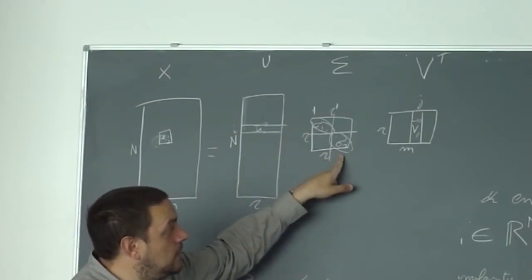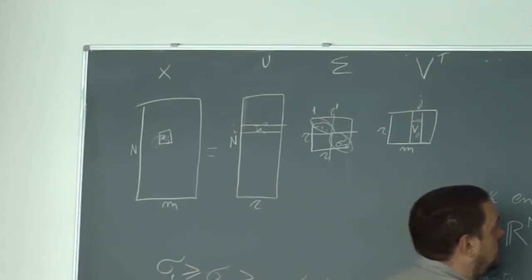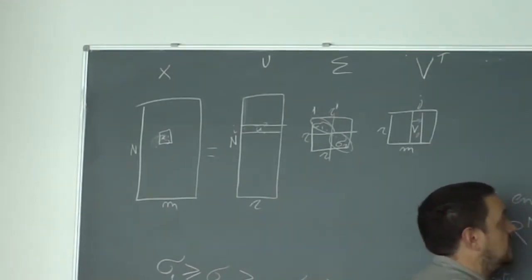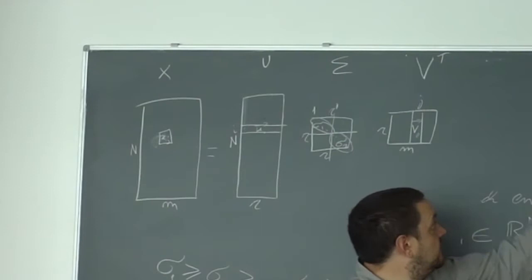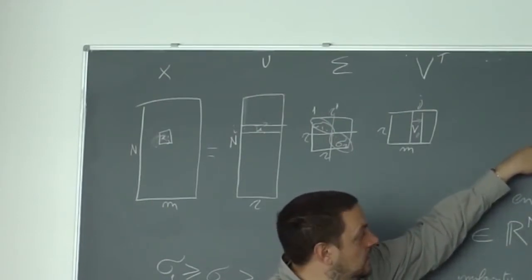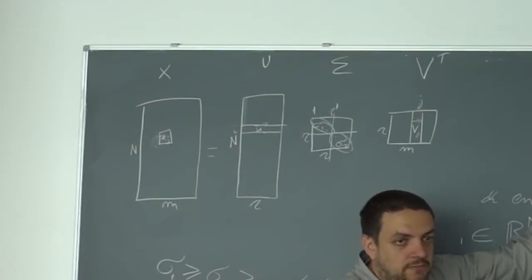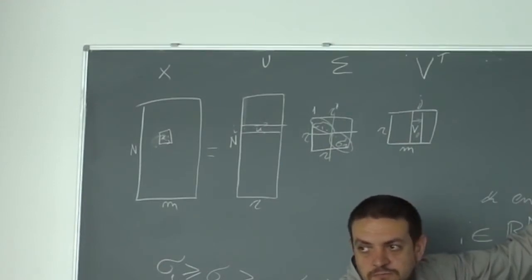Then what you are actually doing is removing some of these products from the original matrix. But the idea is that you are only removing those products that have a small sigma value.